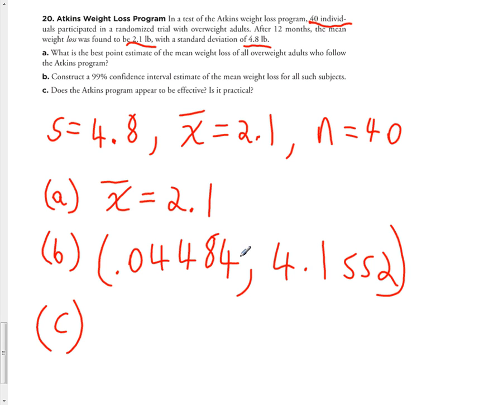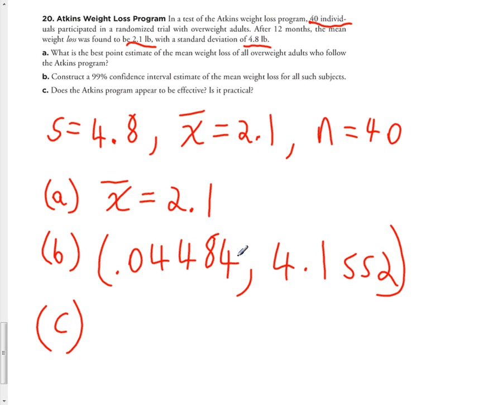So since 0 is not in this interval, we're 99% sure that 0 is not the population mean for weight loss. If the population mean for weight loss on the Atkins diet is not 0, it means that you actually lose weight when you do the Atkins diet.